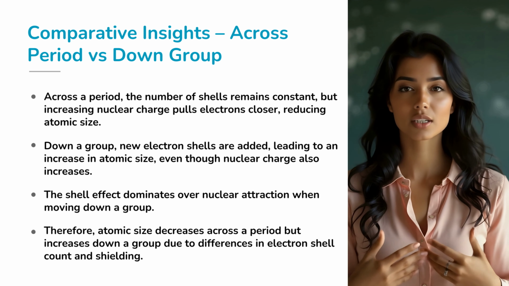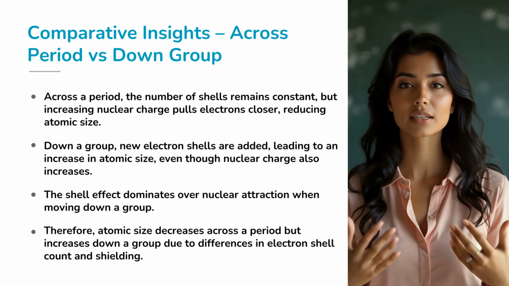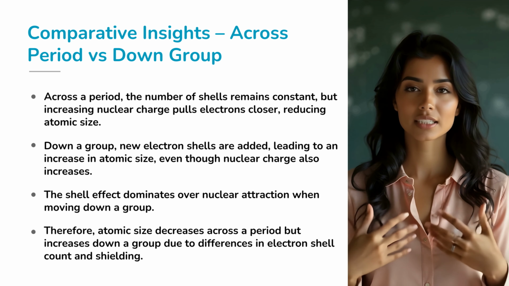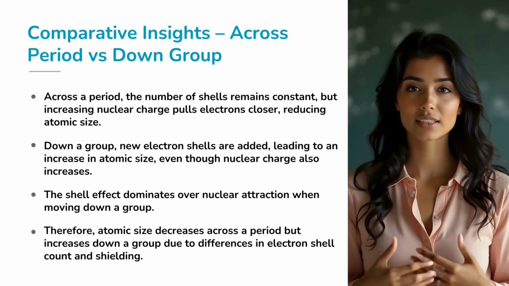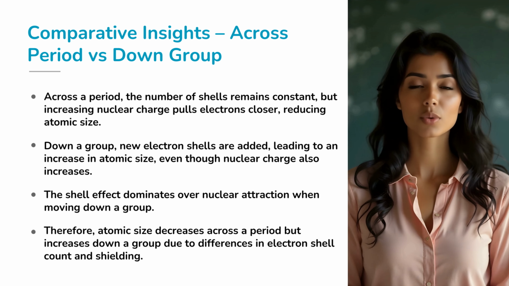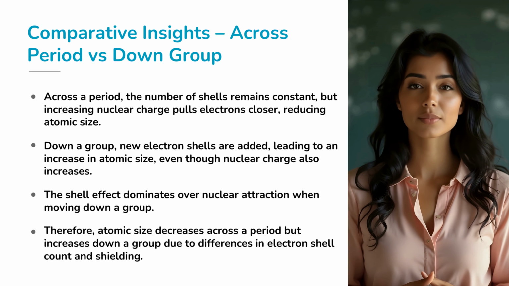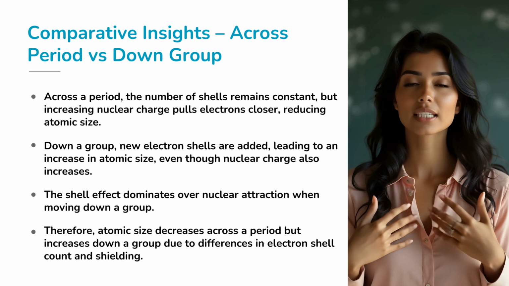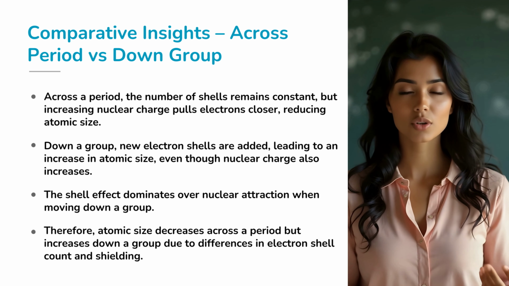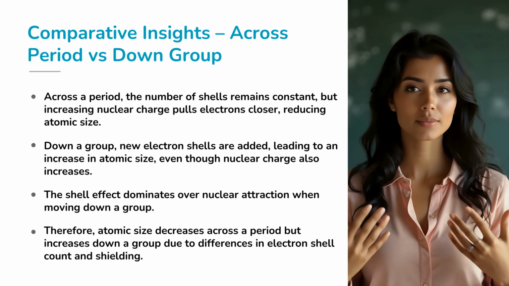Even though the nuclear charge also increases, the effect of added shells is stronger, so the atomic size increases. This shows that the shell effect dominates over the increasing nuclear attraction when we move down a group. So overall, atomic size decreases across a period and increases down a group, all due to the balance between nuclear charge and electron shell count.